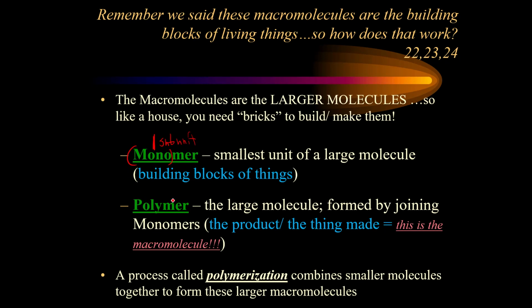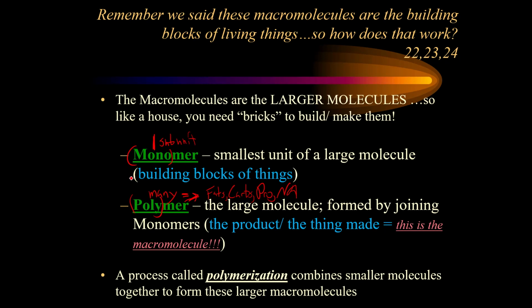The polymer, poly, many, are the macromolecules. So the polymers, for what we're talking about, are the fats, the carbs, the proteins, and last but not least, nucleic acid, which I abbreviate as NA a lot. So the polymer is the big, huge thing all put together. Each of them has monomers or subunits that make them up.